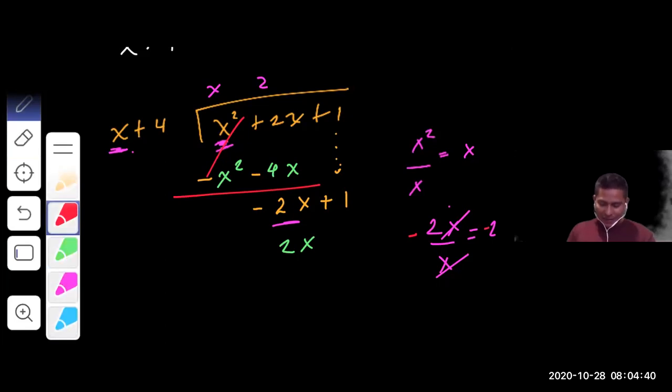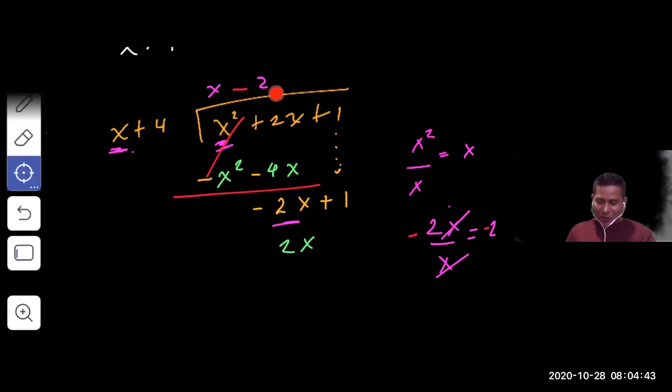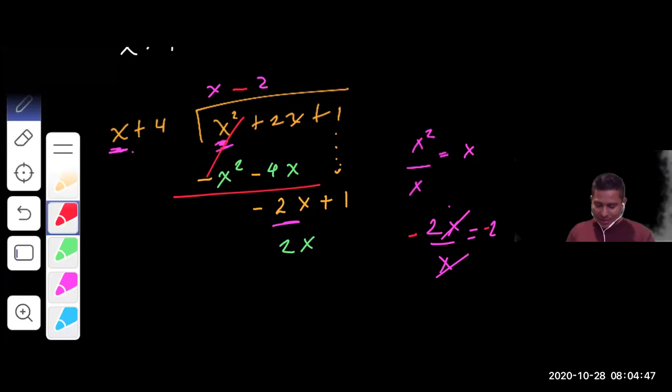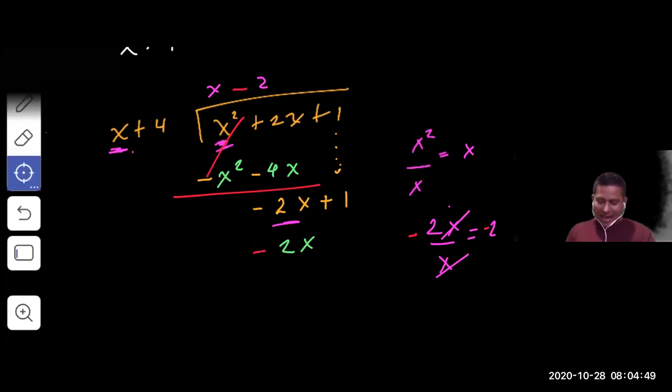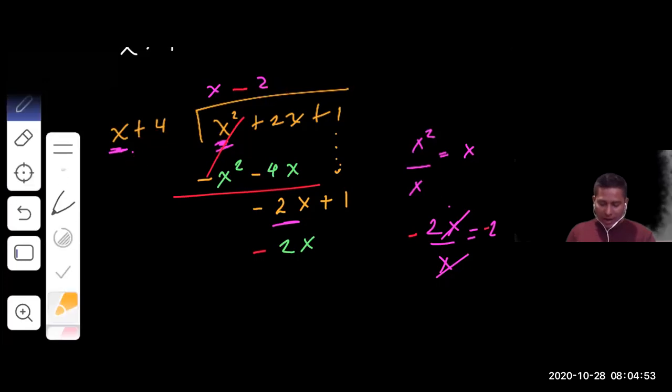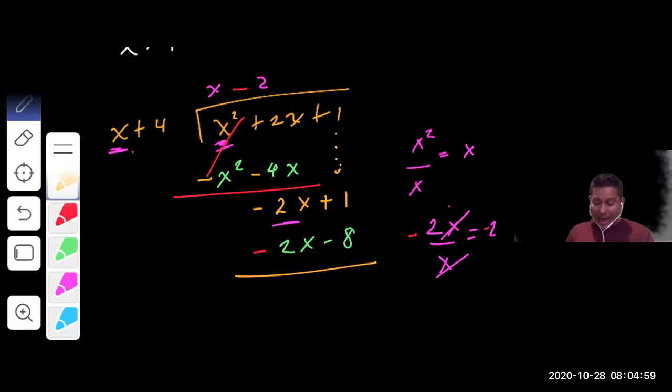Okay, negative 2 times x is going to be negative 2x, right? Let's put it negative 2x. Negative 2 times 4, guys, is negative 8. Okay. But mister, I remember that we have to subtract, right?